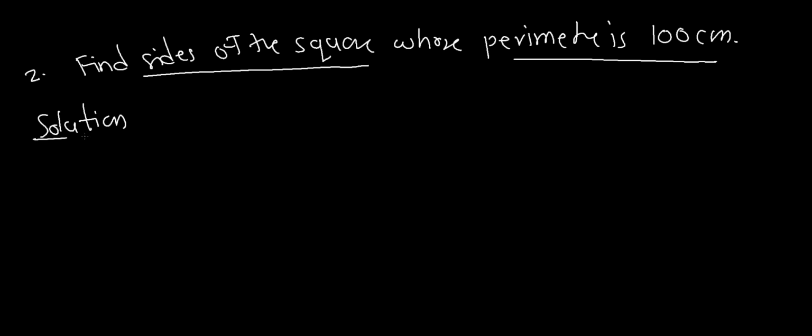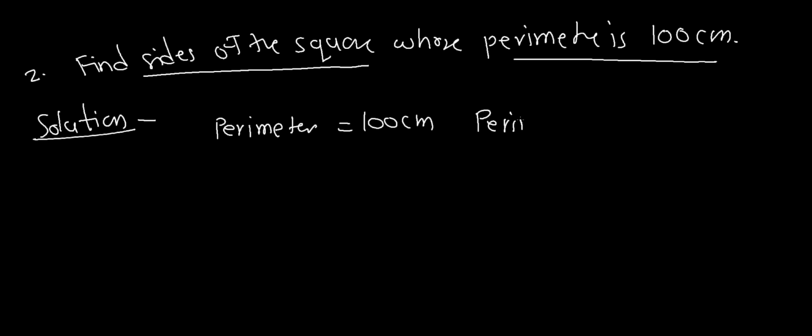So we'll go through the solution step by step. Given perimeter is equal to 100 centimeter. It is a square shape. So what is the formula for the perimeter of a square?